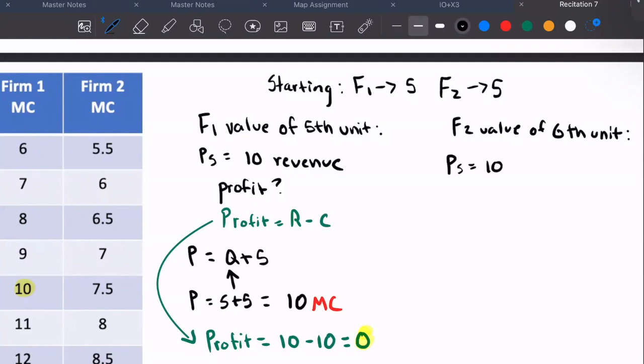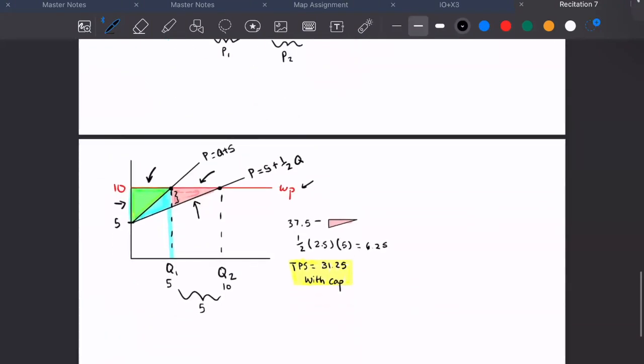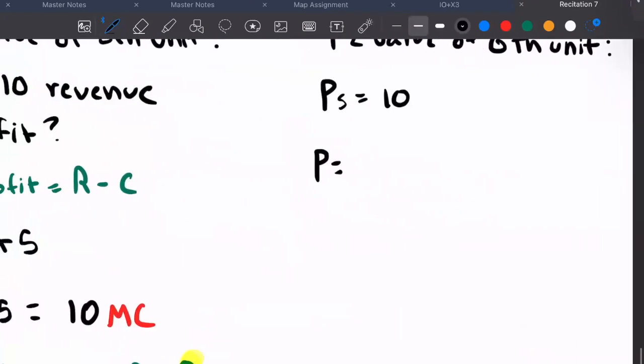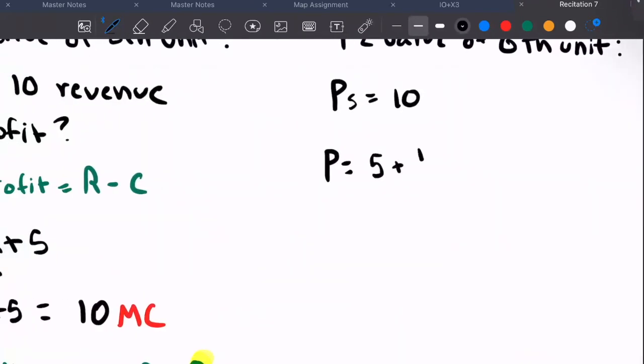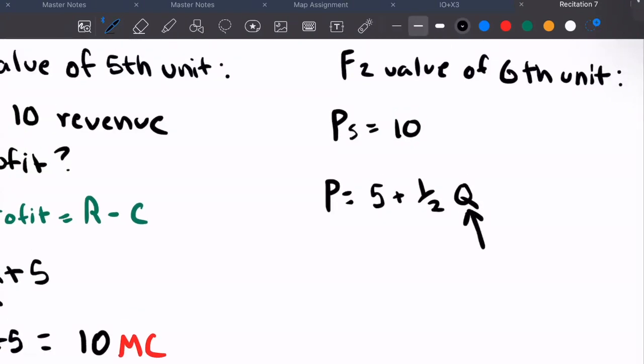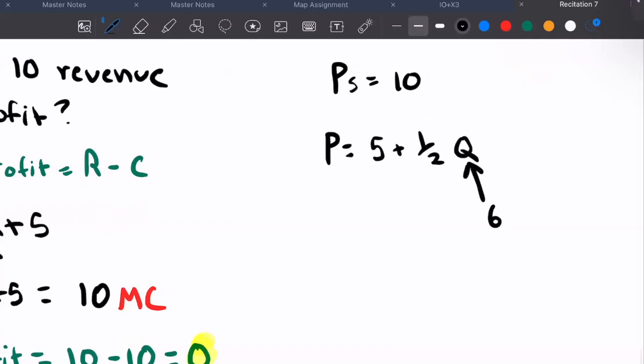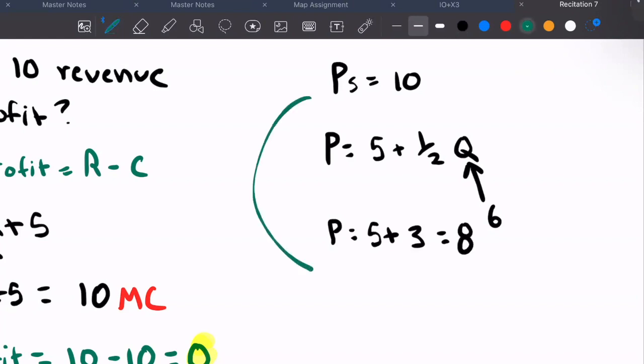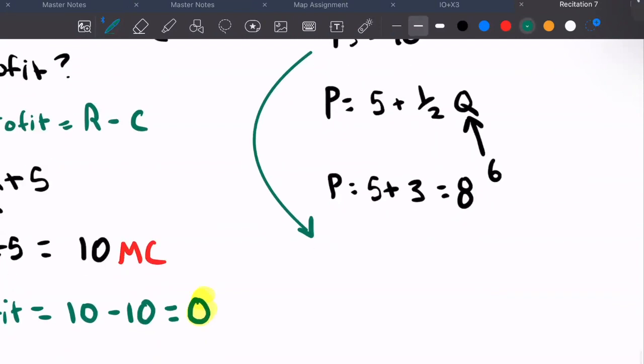Now, for cost, we're going to plug in P equals, in this case, 5 plus 1/2 Q. Because we're trying to figure out the value of the 6th unit, we plug in 6 for Q. So P is equal to 5 plus 3, to give us 8. So the profit that firm 2 would make from selling a 6th unit would be 10 minus 8, which is equal to 2.